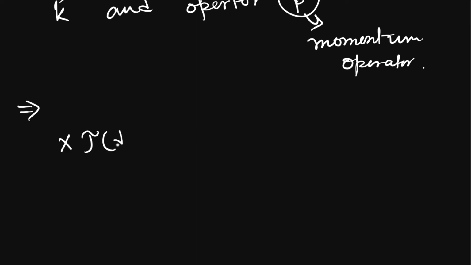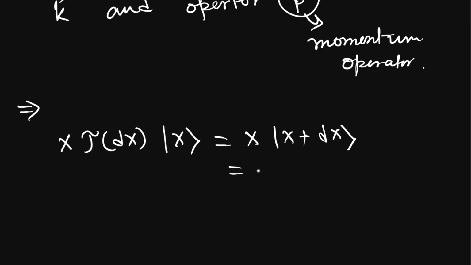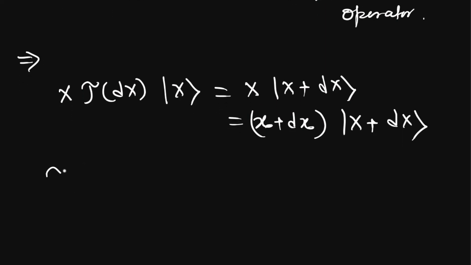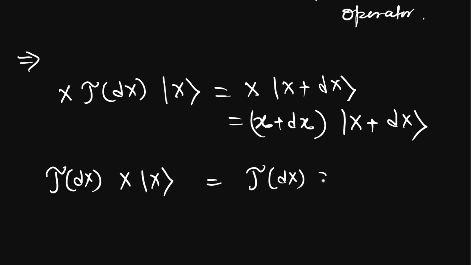X tau dx acting on x will be x into x plus dx, that is, x plus dx into x plus dx. Now in the inverse direction, tau dx into x will be tau dx into x, that means x into x plus dx.